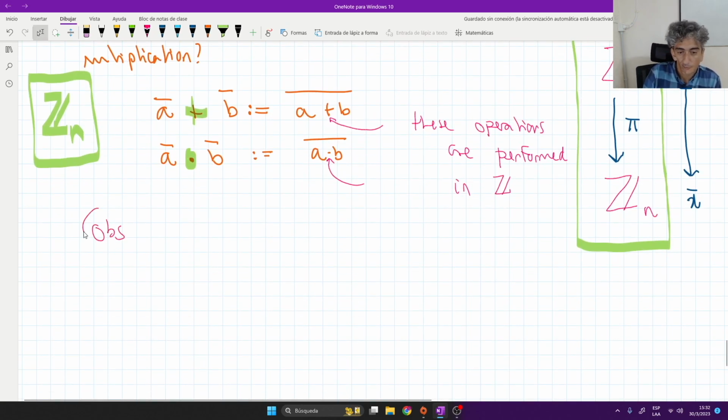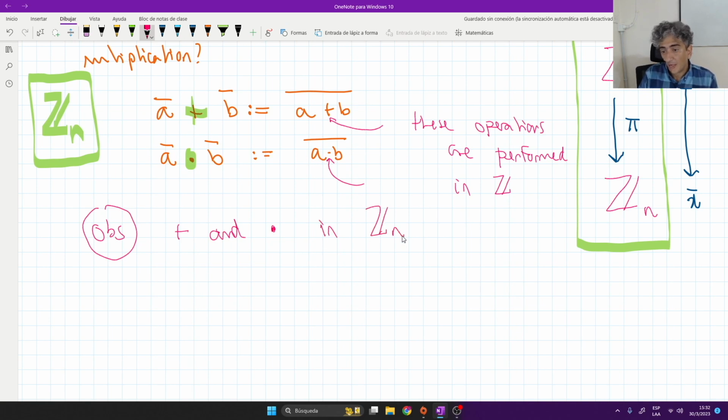Observation 1: plus and multiplication in Z sub n are well defined. Yeah, we can prove that this is well defined. We can do that in a minute.